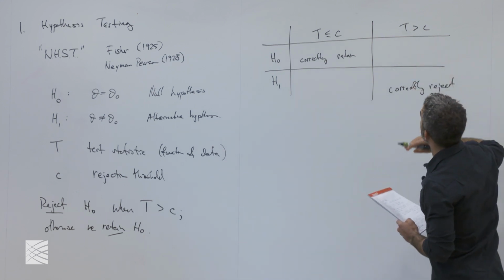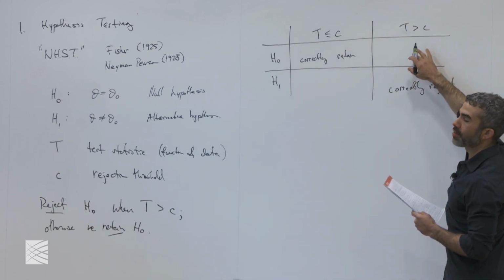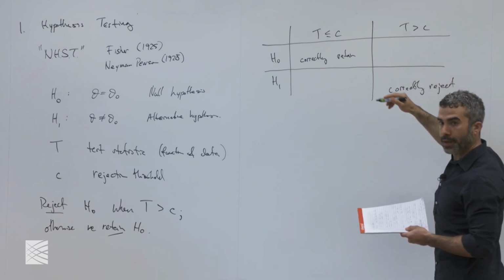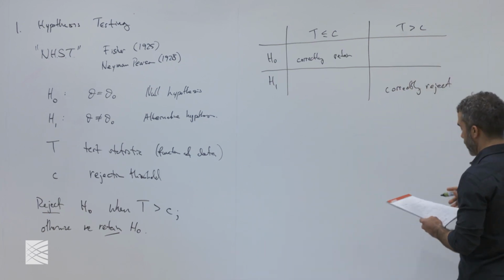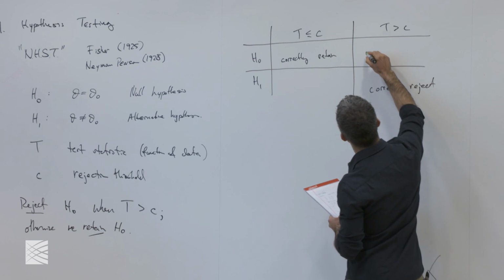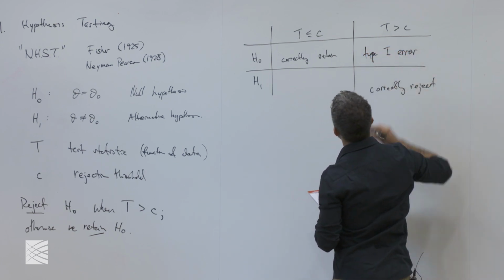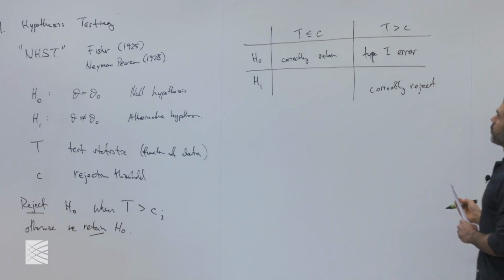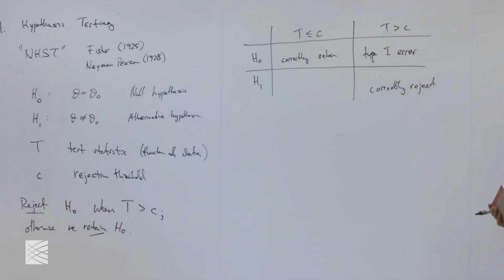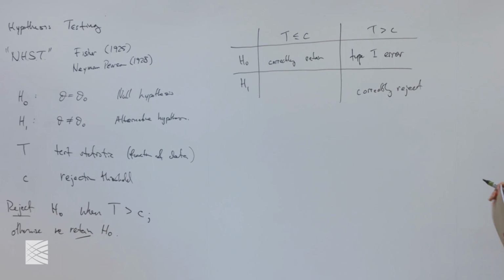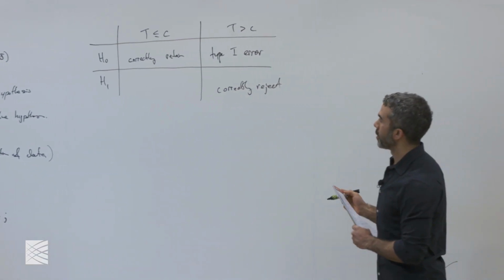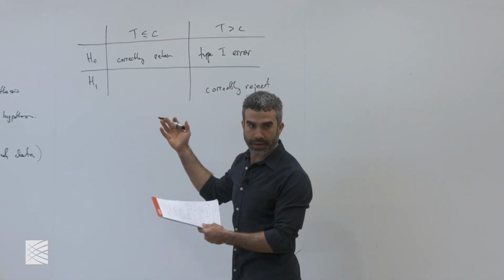This is the most important kind of error in the traditional framework. It's the error of a false rejection, also called a type 1 error. That there's no effect, but we incorrectly reject the null and therefore think that there is evidence for an effect.